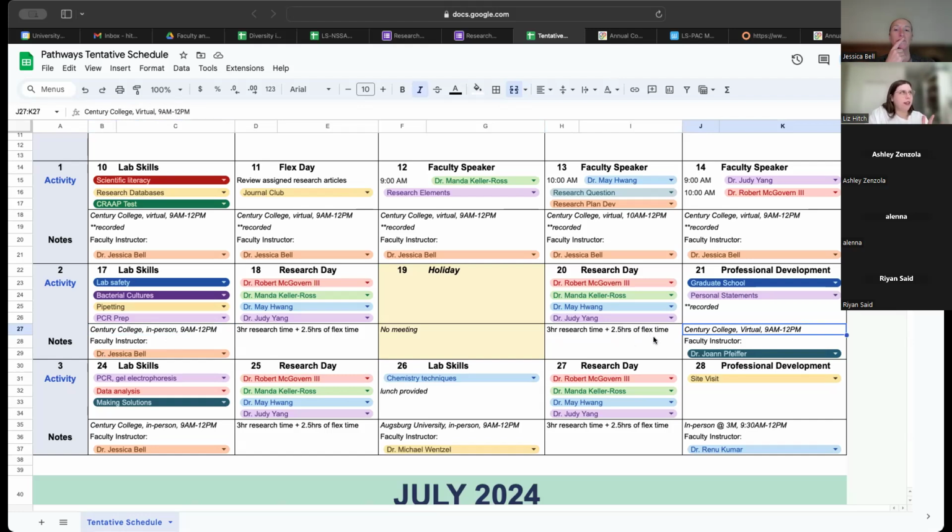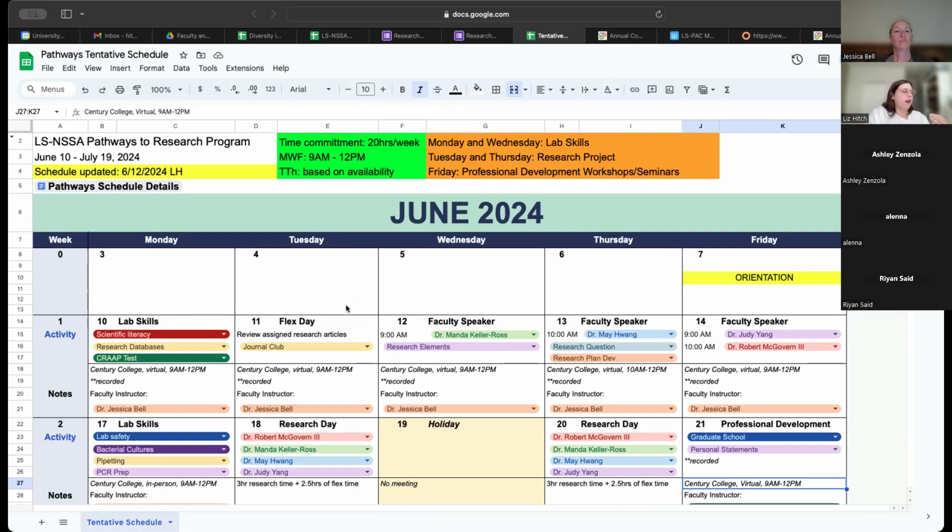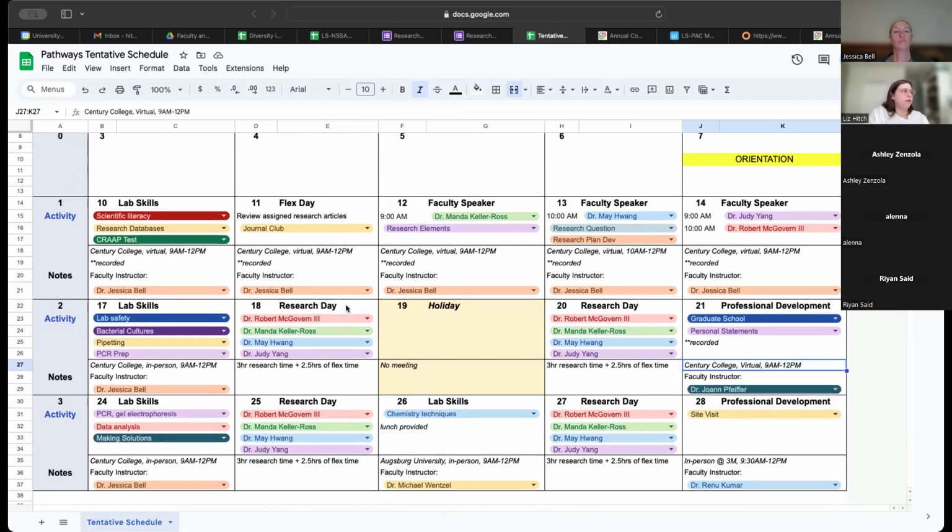The remaining 14 hours that will be dedicated to your research will be available to you based on your schedule. For purposes of a schedule for the program, we just designated them on Tuesdays and Thursdays. Does that help at all?